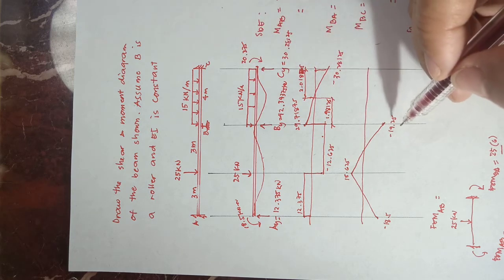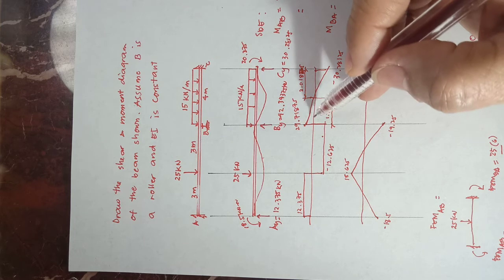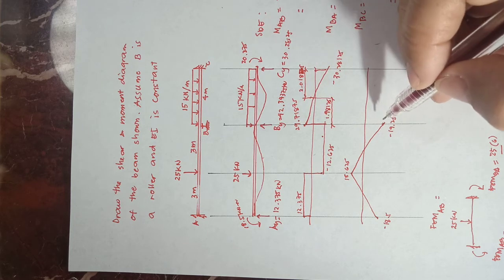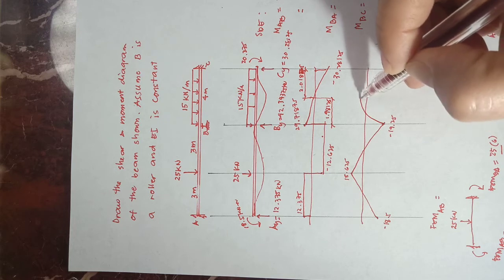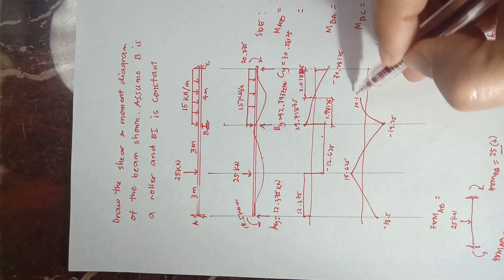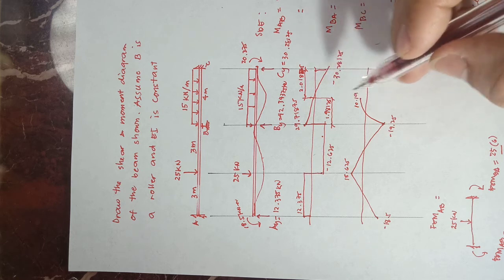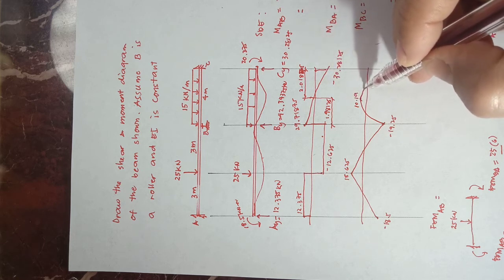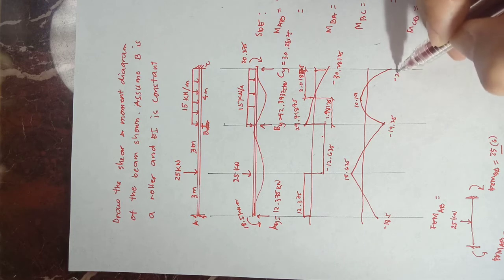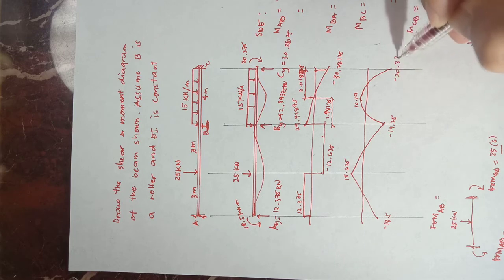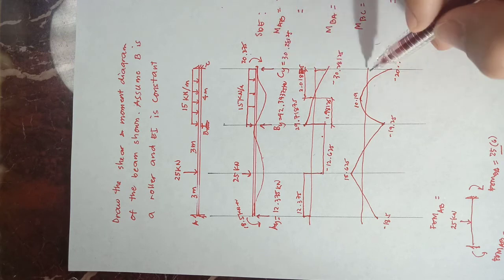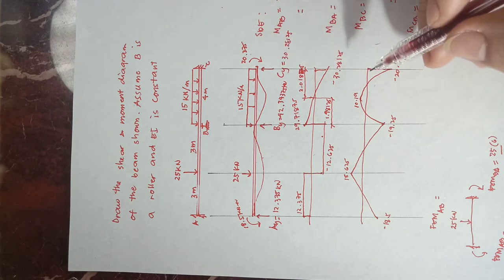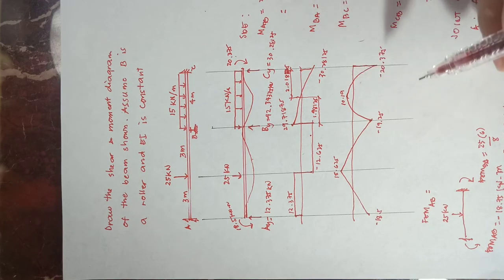So, you have a negative 19.25 plus that area of the triangle. You will get a positive 10.19. Then minus that area, it is equal to minus 20.375. And you have 20.375 at C, which will close your moment diagram. Okay?